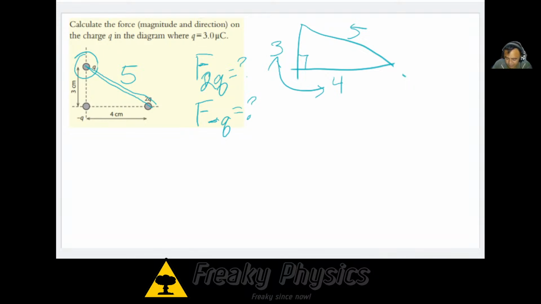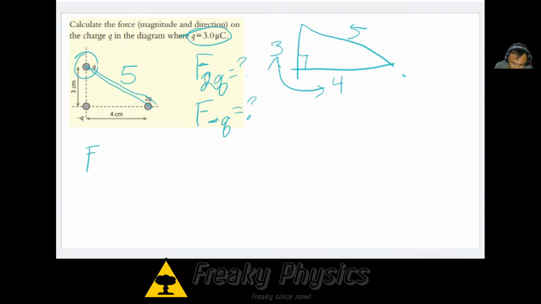Not the force, but remember, you're given the actual value for q. Okay, the annoying bit, the data that you missed: 36. Okay, from 2q to q. I'm gonna do that real quick.